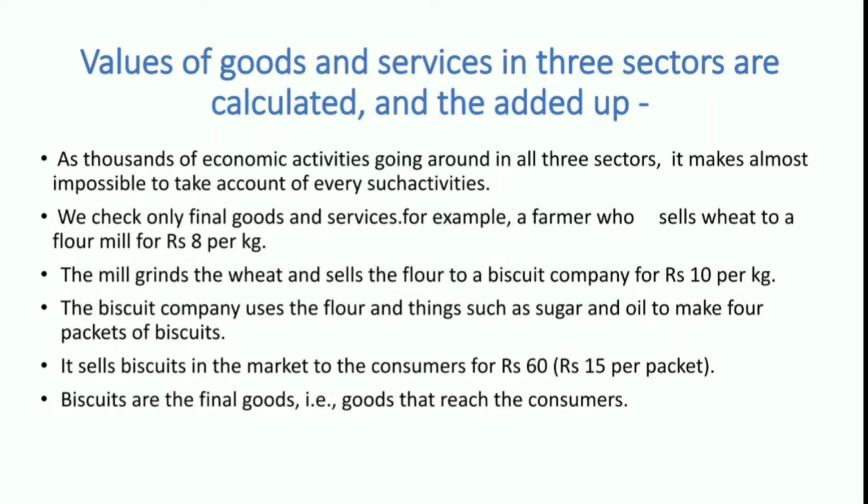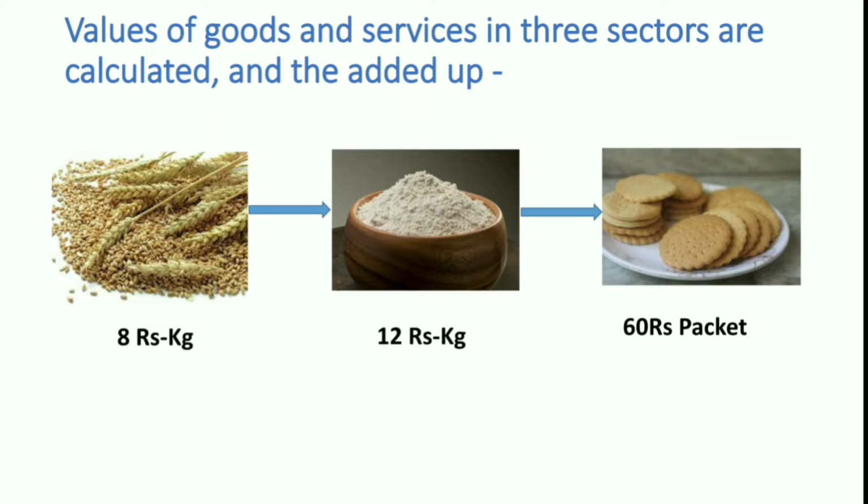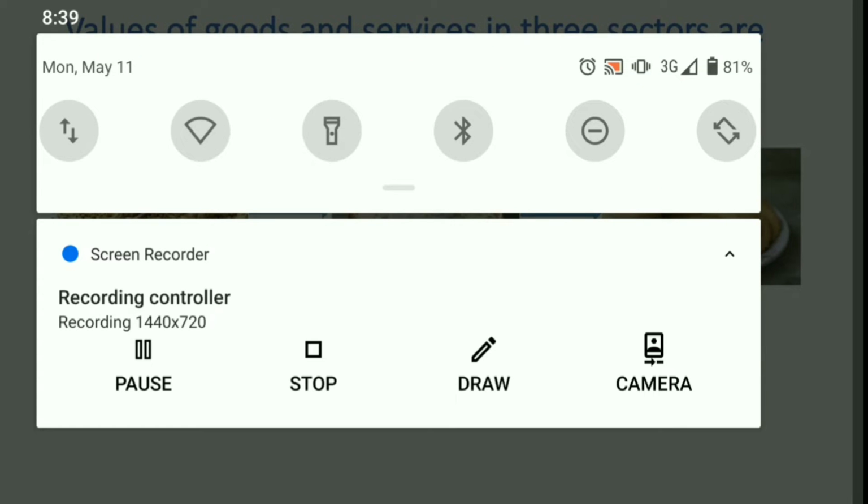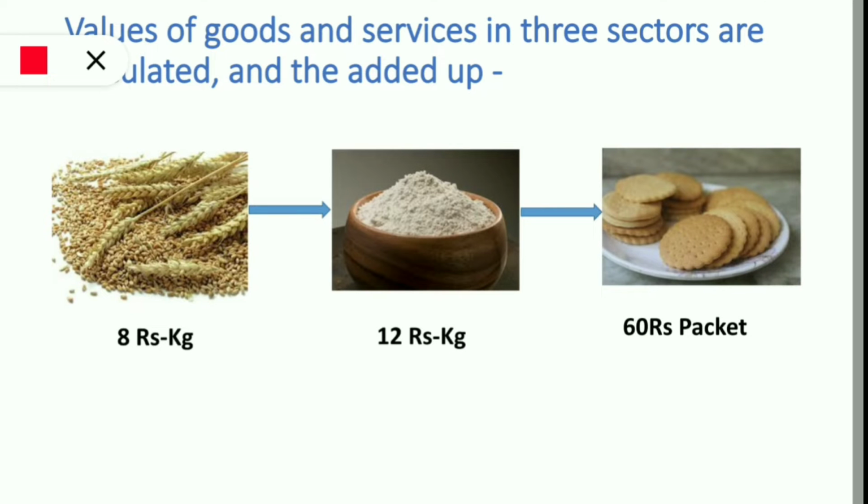Firstly, I have given a simple example that will help you understand how we are calculating. Suppose a farmer is growing wheat and he is selling that wheat to a grinding mill at 8 rupees per kg.